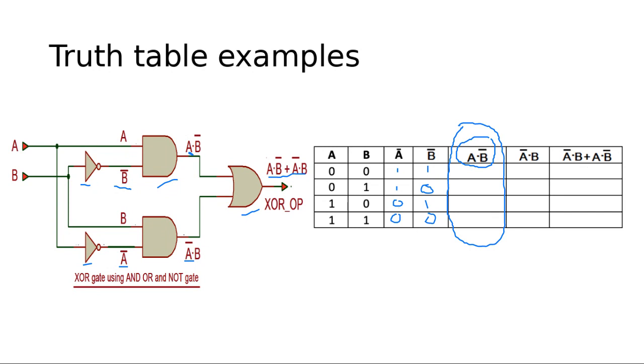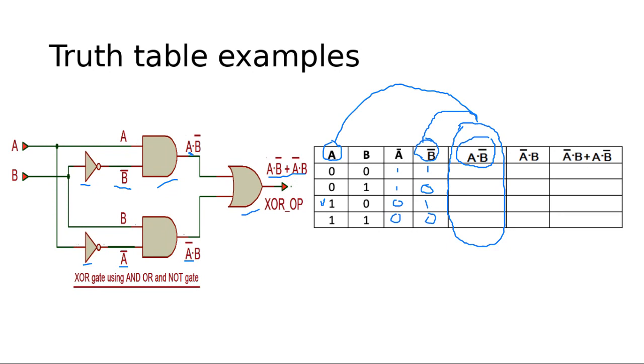Yep, it's true. There are 2 inputs. Inputs are A and not B, right? These two inputs and the result in here, and only one has both inputs equal to one, this one.